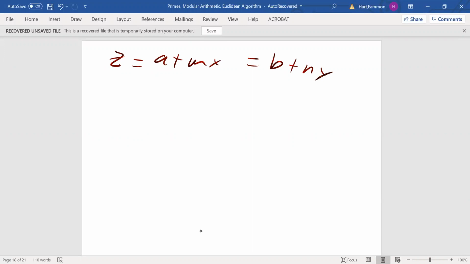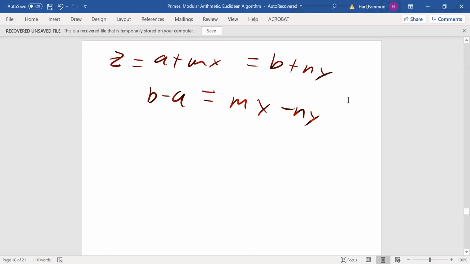Then we can rearrange this to say that B minus A is equal to Mx minus Ny. So I just rearranged this line right here.